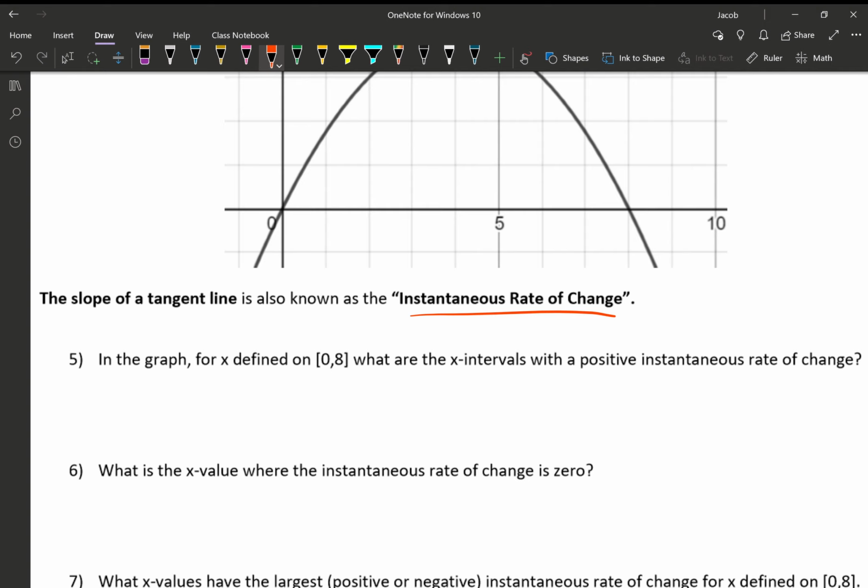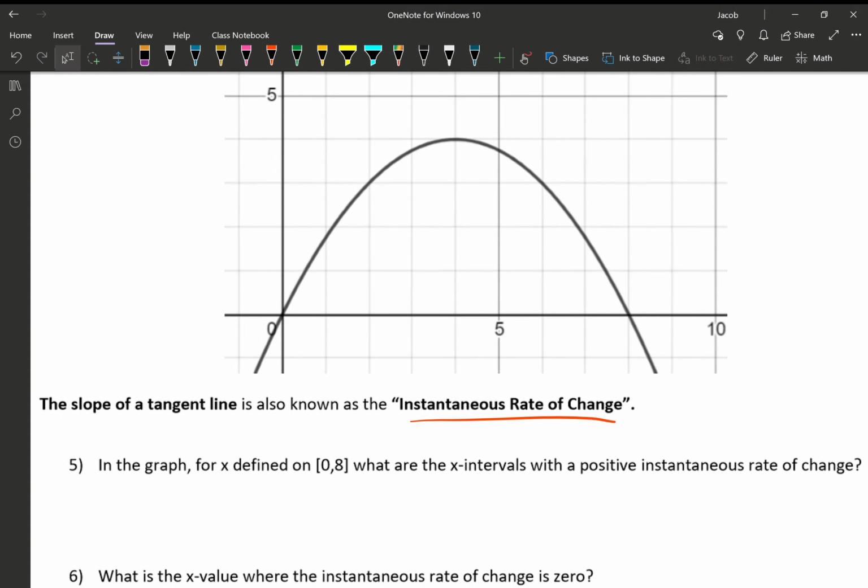Instantaneous rate of change, the rate of change is clearly referencing slope, but the reason why a tangent line is instantaneous, if we take maybe drawing a tangent line at this point, is there are an infinite amount of rates of change.